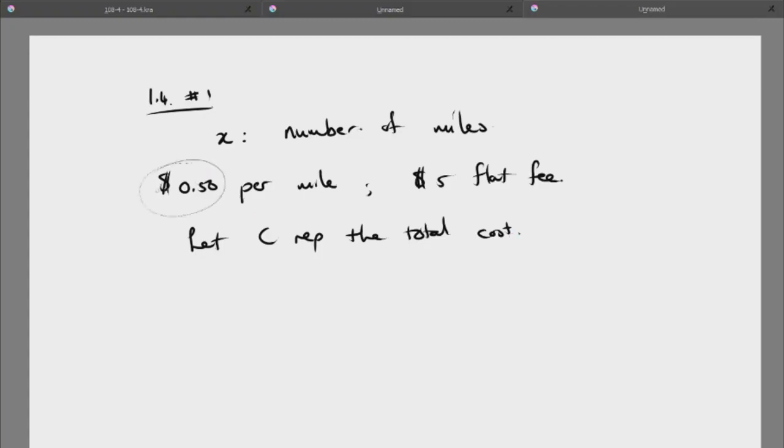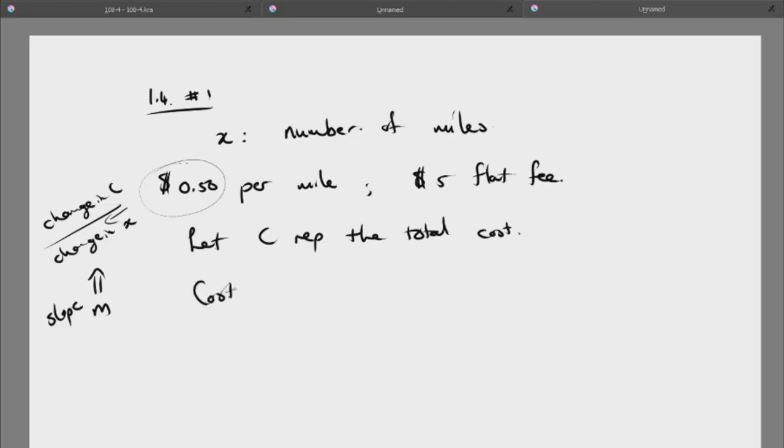But I realize that this is already a change in cost per change in x, because it's per mile. So for every 1 mile, I'm charged 50 cents. So that means that this is the slope m.